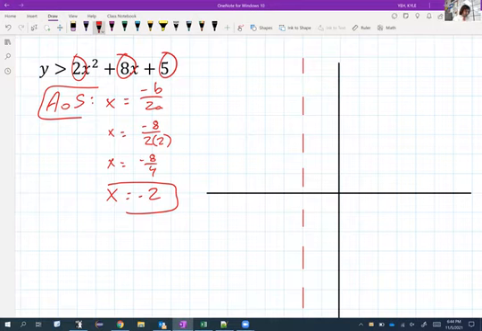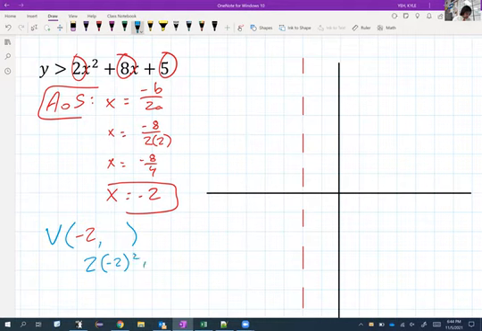That leads us into our vertex. The vertex has to be on the axis of symmetry, so we know that the x coordinate is negative 2. I'm going to plug negative 2 into the polynomial above to find my y coordinate. 2 times negative 2 squared plus 8 times negative 2 plus 5. Order of operations, I'll do the exponent first.